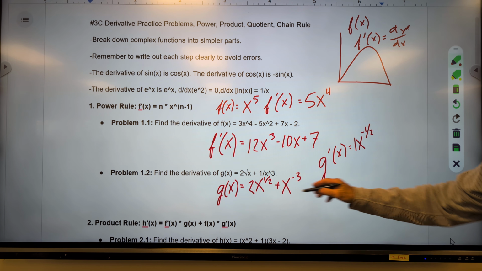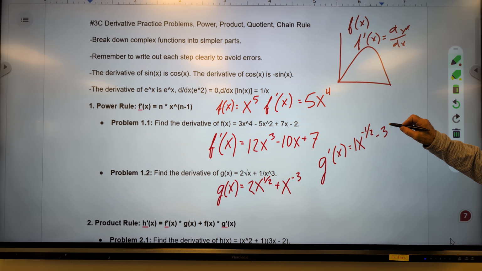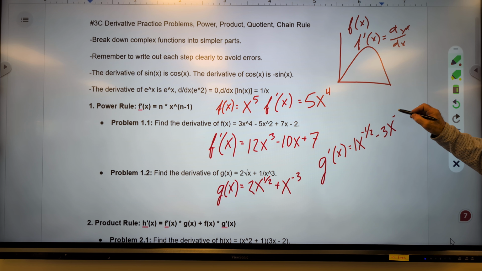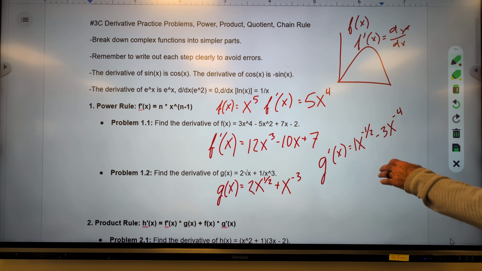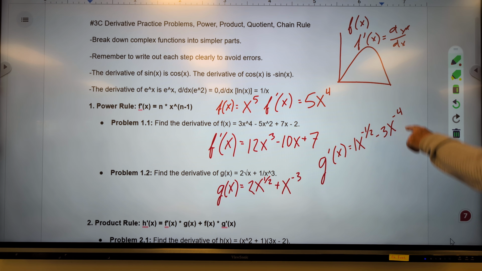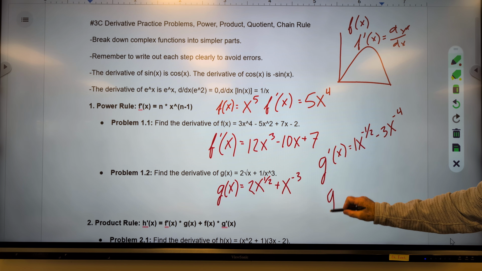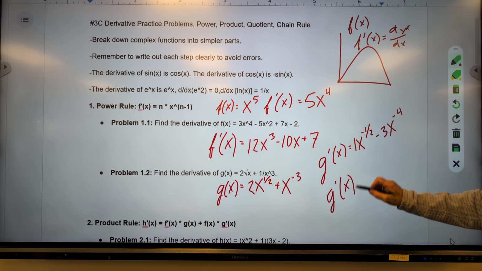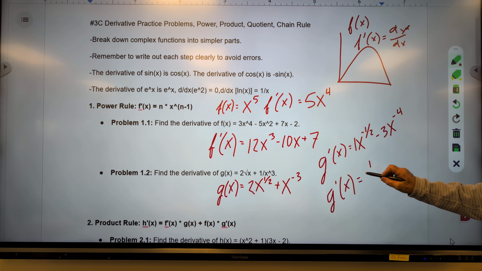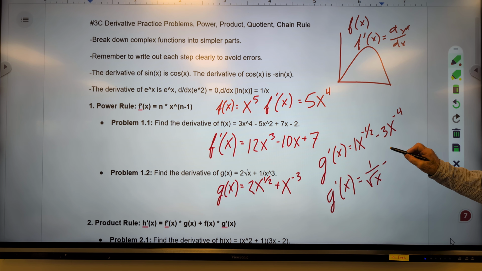And then this negative 3 comes down in front to give me negative 3x to the negative 4. My final answer does not have fractional exponents or negative exponents, so I rewrite that derivative as 1 over the square root of x minus 3 over x to the 4th. So again, that's the power rule.